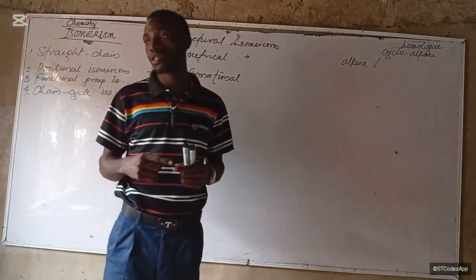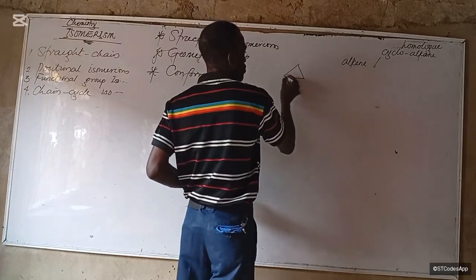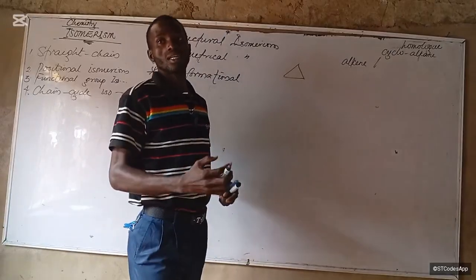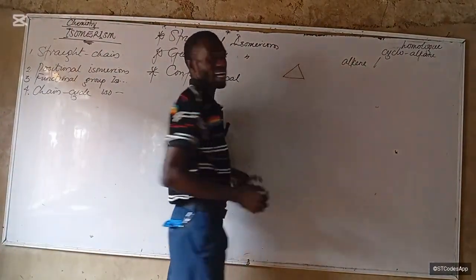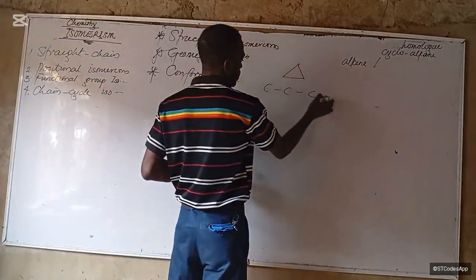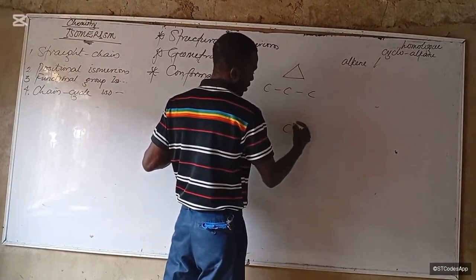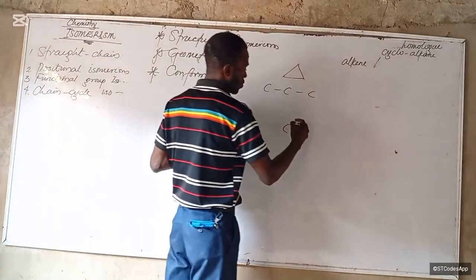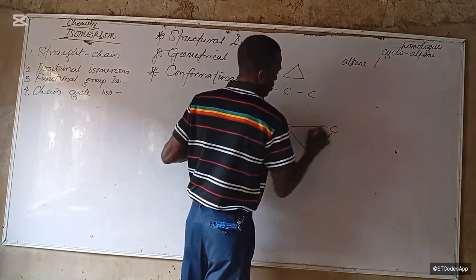It's a triangle. Do you understand? So if I draw a triangle like this, I've told you before in the skeletal structure, these vertices represent carbon. So you know this is propane, 1, 2, 3. So I could make it into cyclical form, 1, 2, 3.